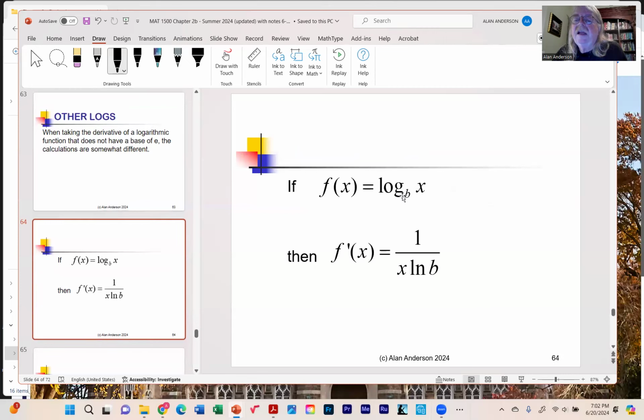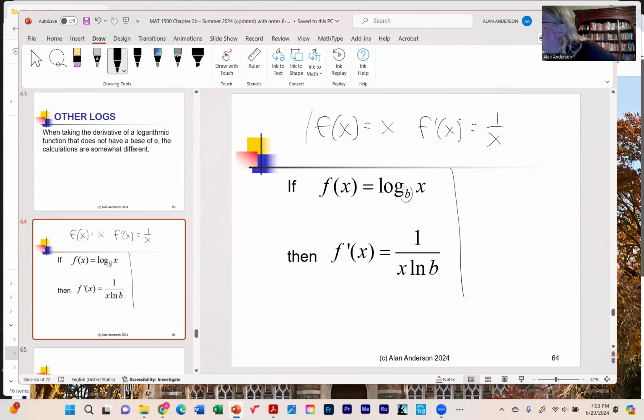For the log of any given base b of x, remember before, the derivative was 1 over x. So for any given base b, you've got 1 over x log b.